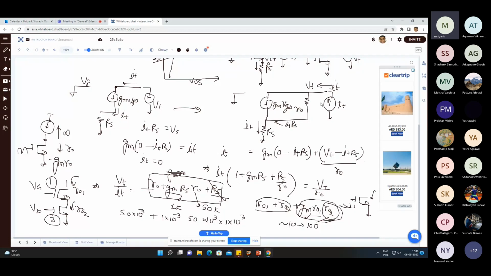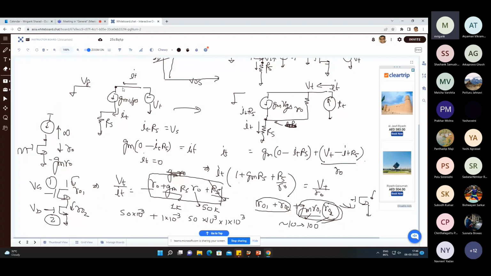So remember that I can test the output impedance by applying a VT or applying an IT. Here I choose to apply IT, and the same IT comes out of the source. Now the same IT is going to develop the ITRS voltage over here, and the VGS developed because of this IT is simply ITRS, right?